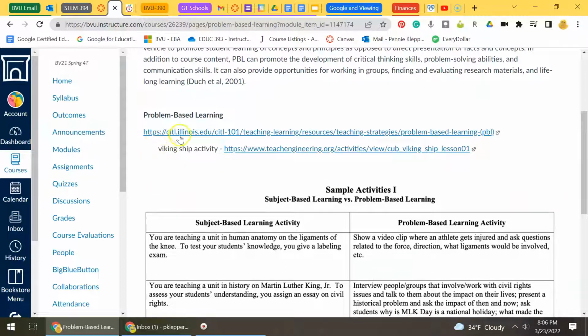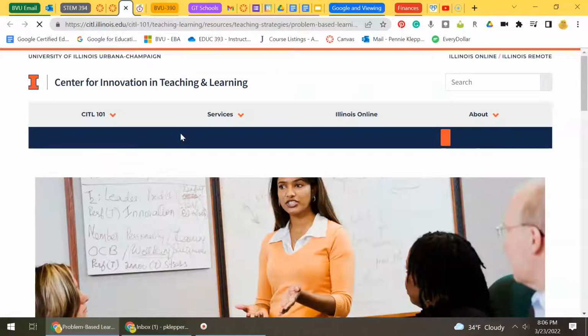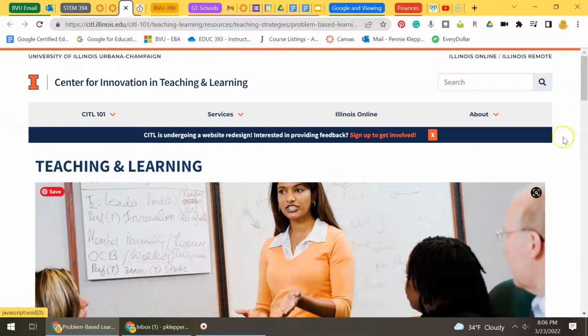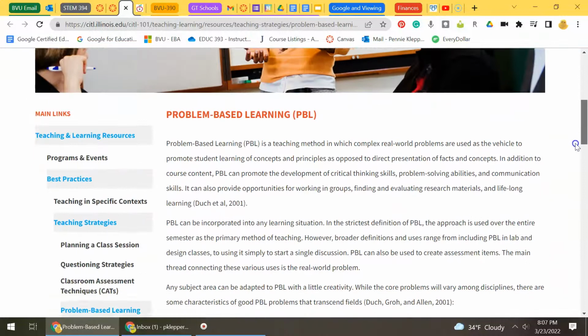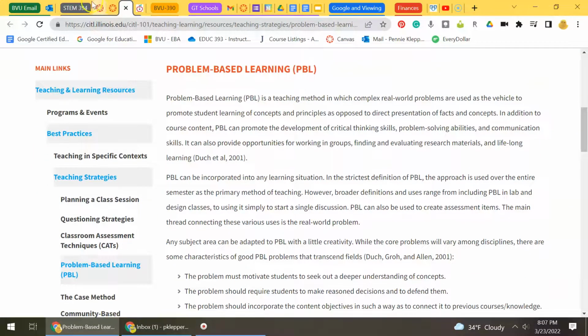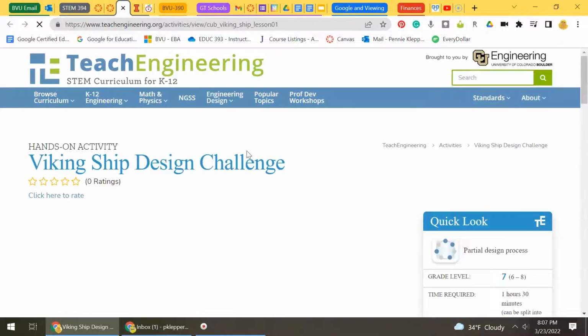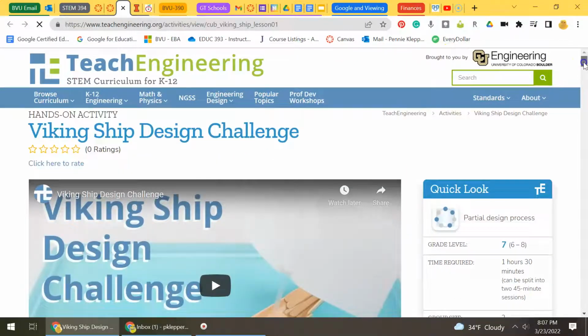So this is a source for your problem-based learning. You want to take a look at that, and if I were you, I would take notes with this to make sure that you're well aware of what's going on there. And then this is an activity that is using problem-based learning. It's a really neat one, for 7th graders. So we'll get this all loaded up here.